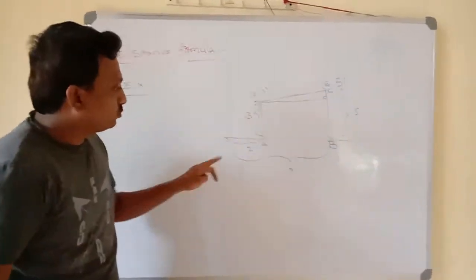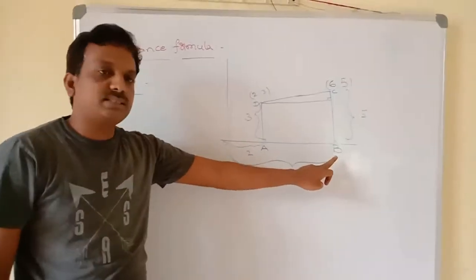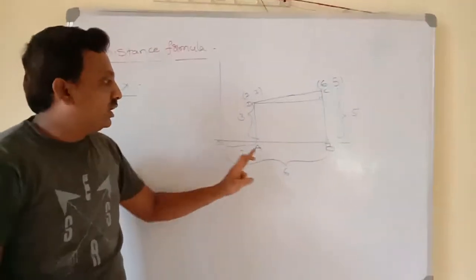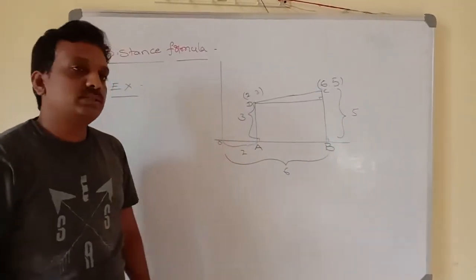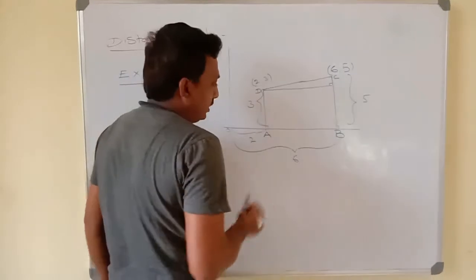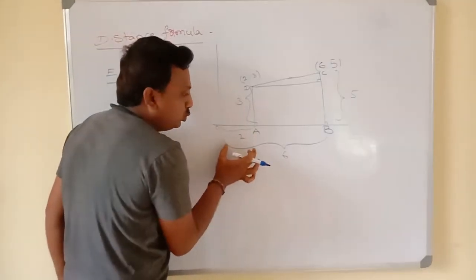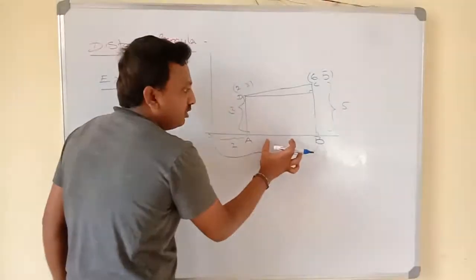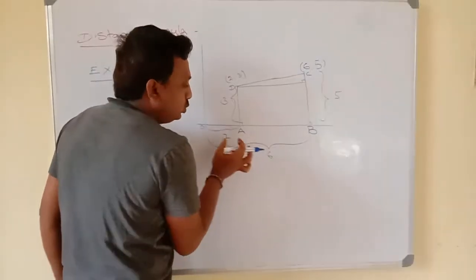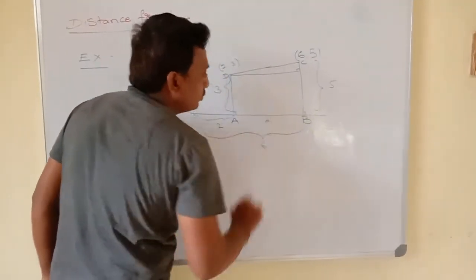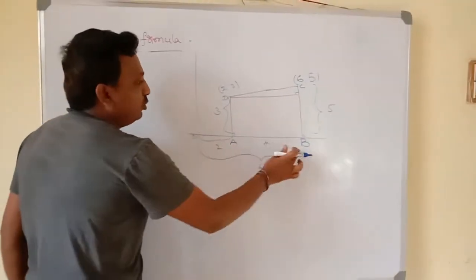OB is 6 units and OA is 2 units. Then what about AB? The total length is 6, and if we remove 2 units, we get the AB value. So 6 minus 2 is 4. Then AB is 4.